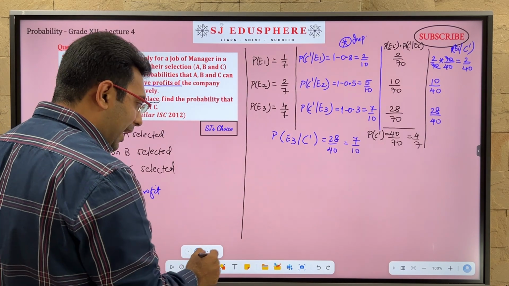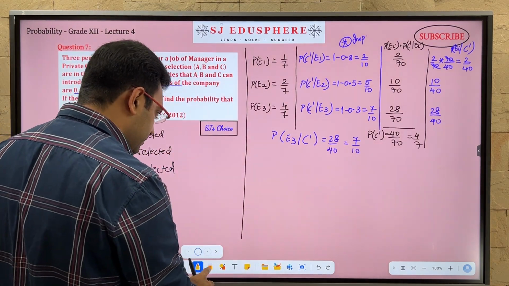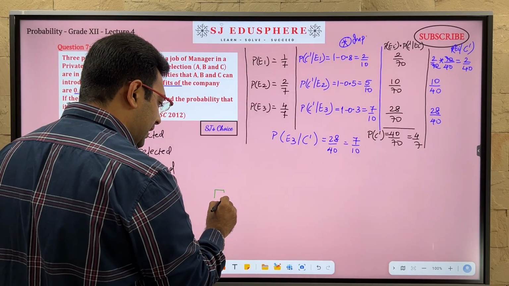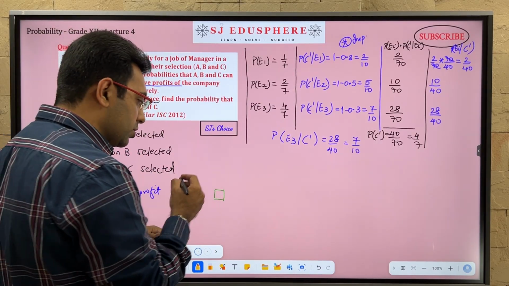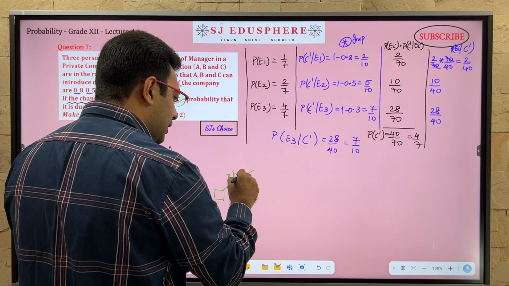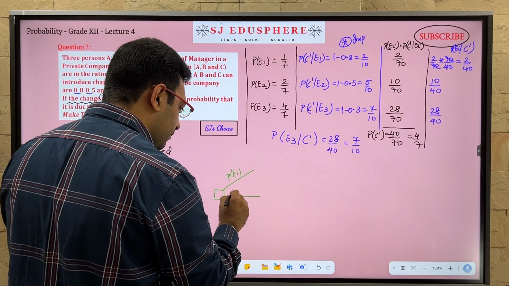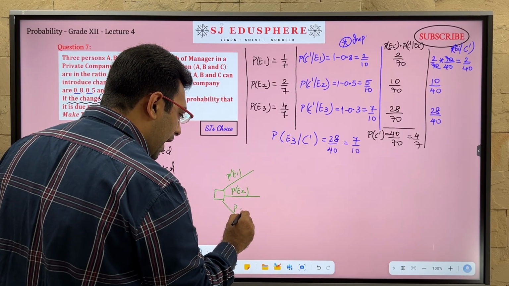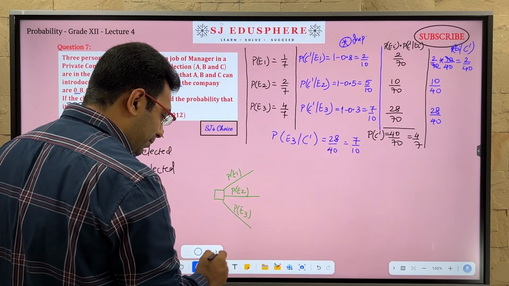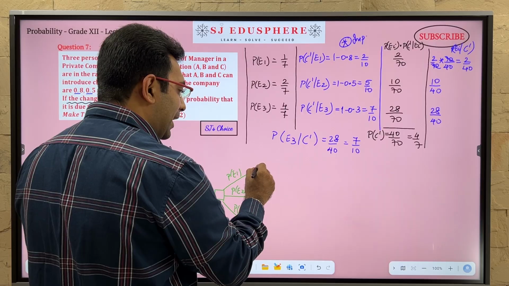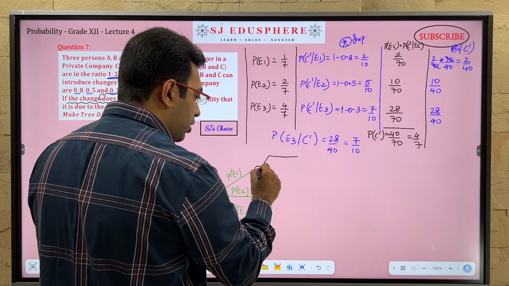So again, I will have over here the center box, which is my decision box, from which 3 branches will come out. That is E1, E2 and E3. That means select person 1, 2 and 3. After that, they will either bring the change or not bring the change.